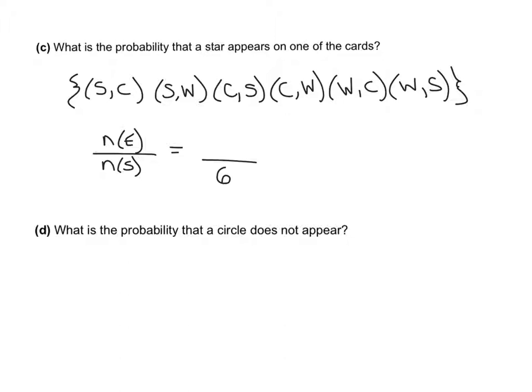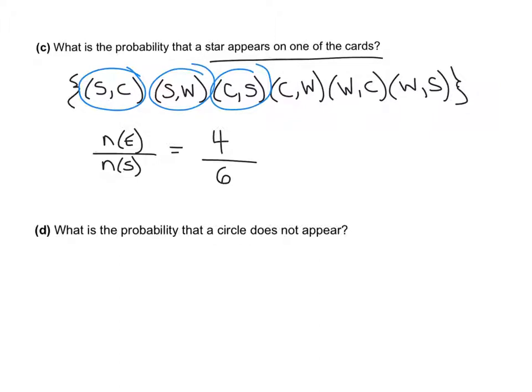NE is the event that a star appears on one of the cards. And this was our answer to Part B. We said that a star appeared 1, 2, 3, 4 times. So NE is 4. My probability is 4/6, but I want to write fractional probabilities in reduced form.